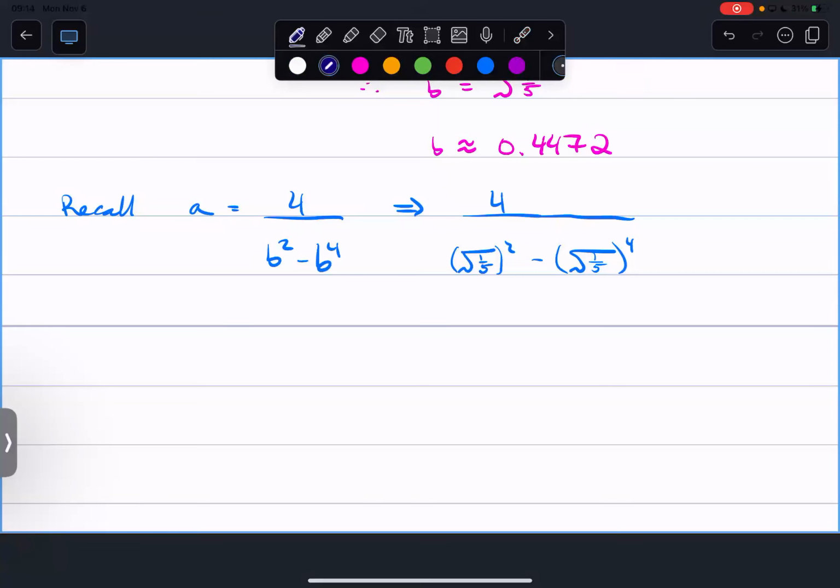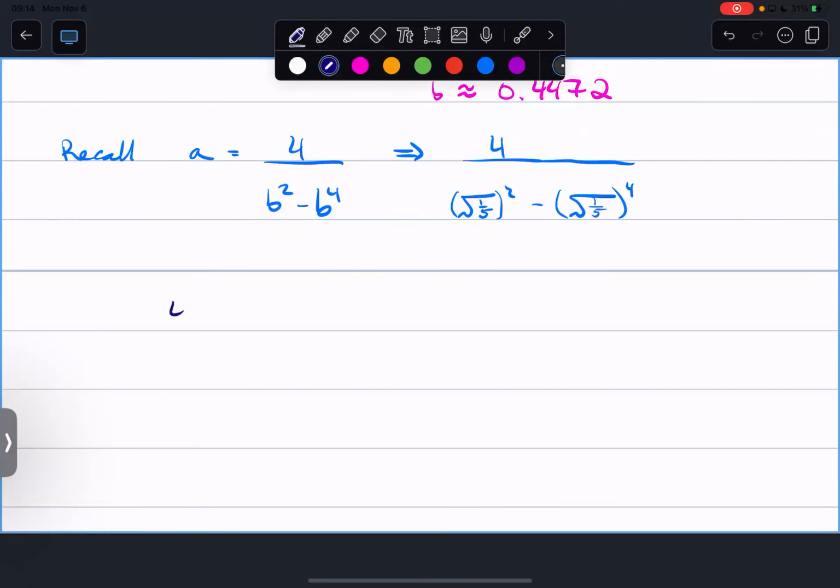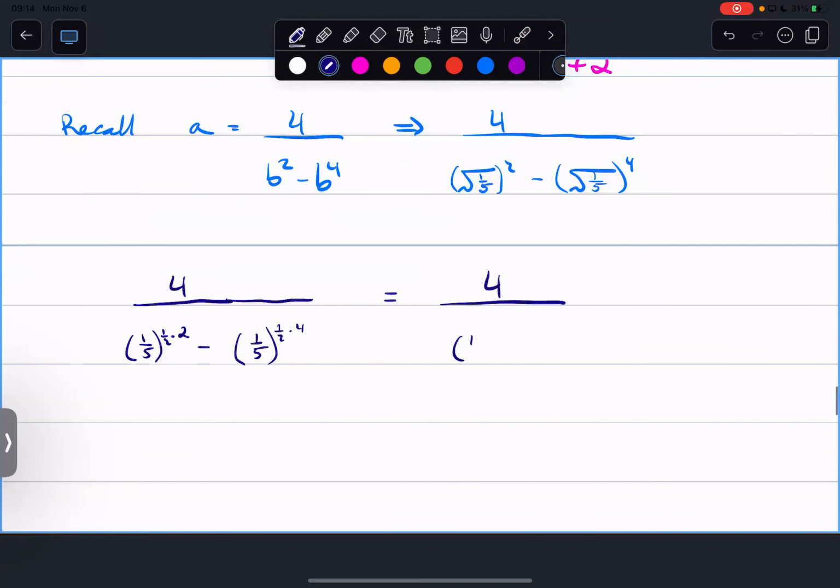Exponent laws, they're everywhere. So here, if I have 4 divided by 1 over 5 to the 1 over 2 times 2, I'm going to write it this way to emphasize that the exponents are at play here. 1 over 5 to the 1 over 2 times 4. 4 over 1 over 5 minus 1 over 5 squared.